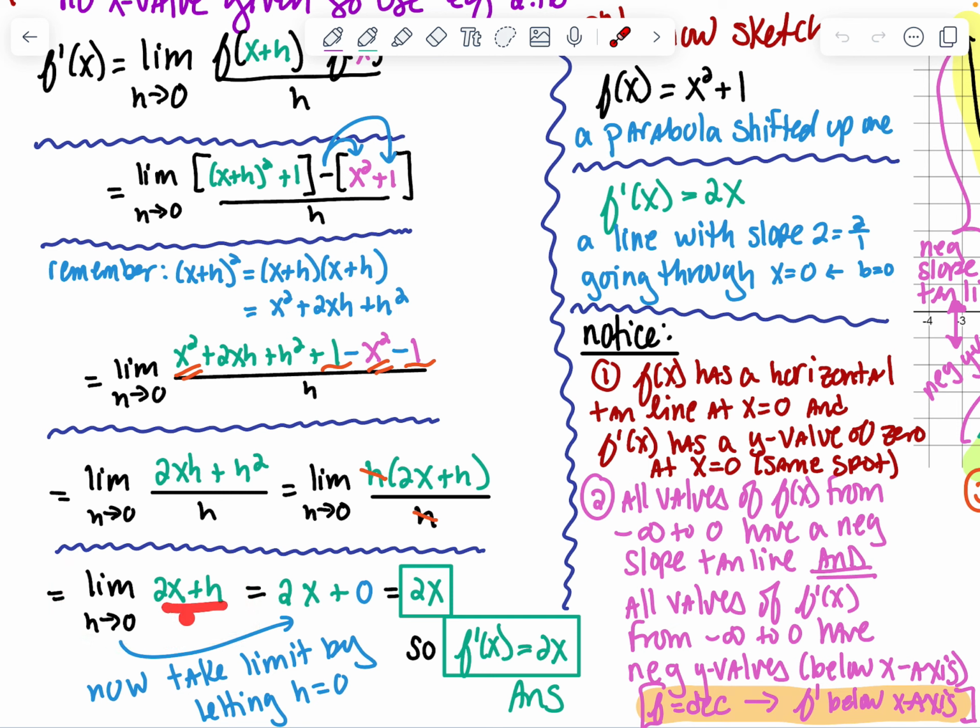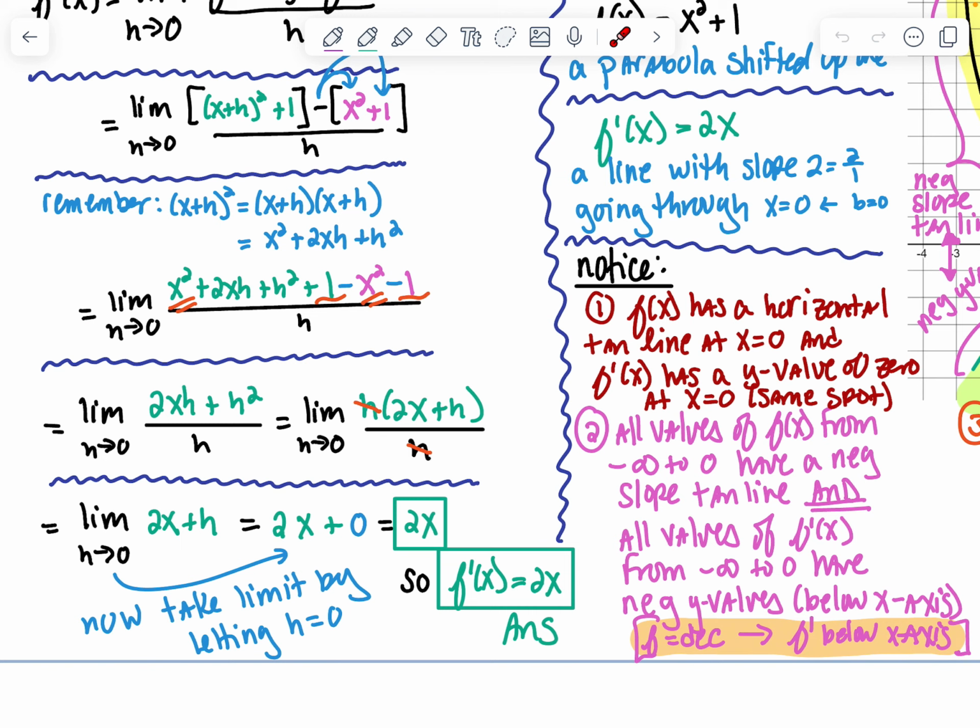That wasn't an x, that was an h. So now I'm allowed to actually take the limit by letting h, not x, equal 0. And of course, I don't want the limit word phrasing in front anymore, and anything plus 0 is just itself. So we have now found the derivative is 2x.